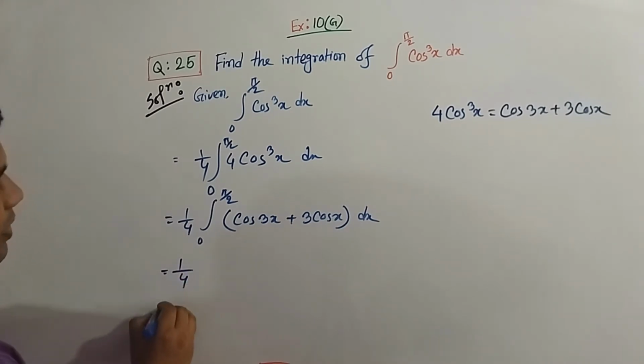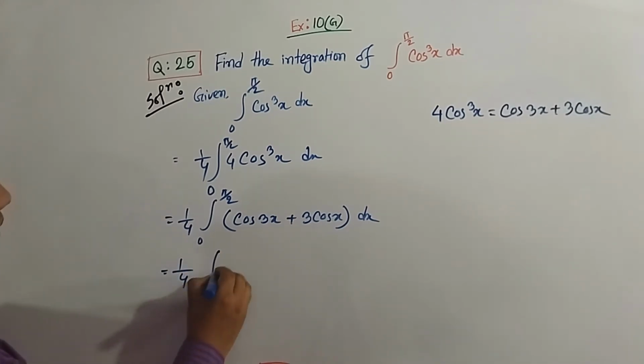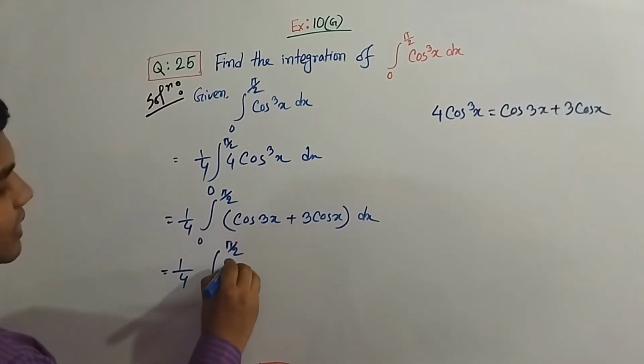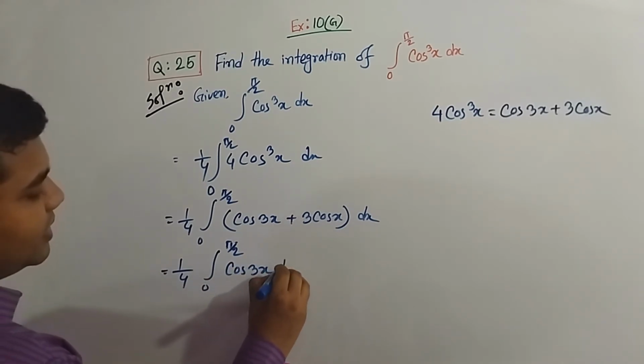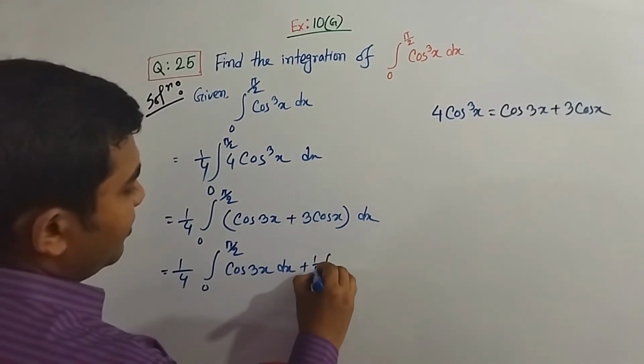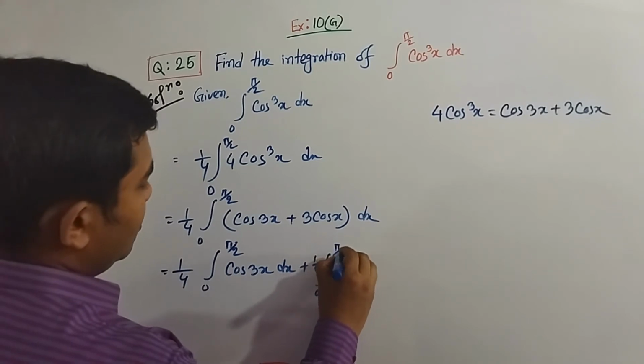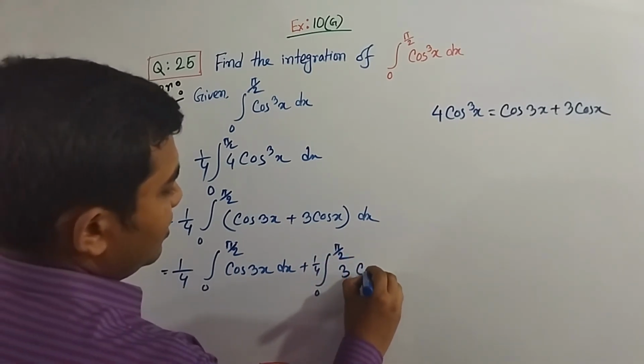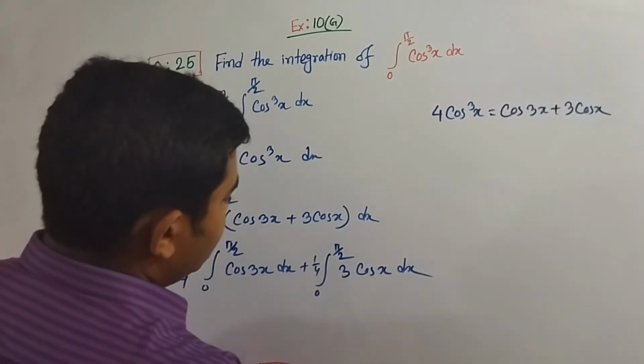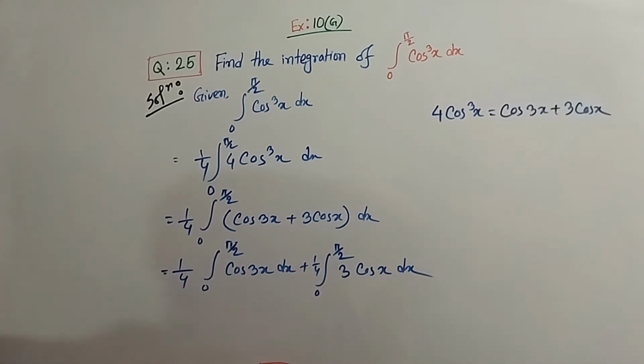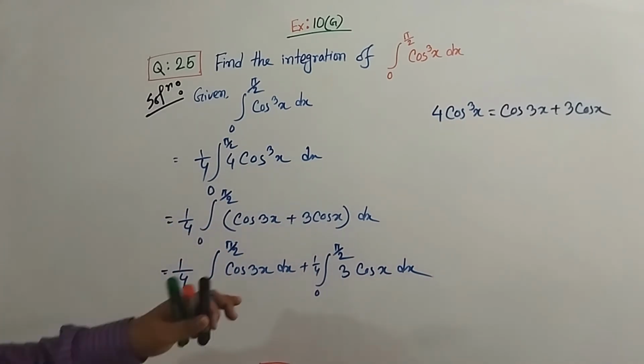Now 1 by 4, we can separate the integration: cos 3x dx plus 1 by 4 times 3 cos x dx. My dear students, we all know that we have to put in the limiting values after integration.